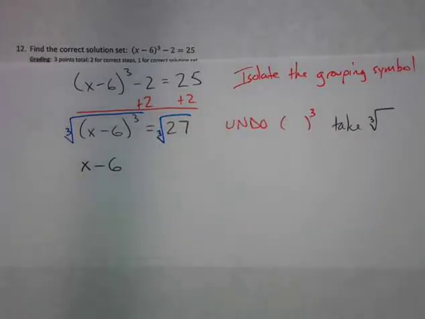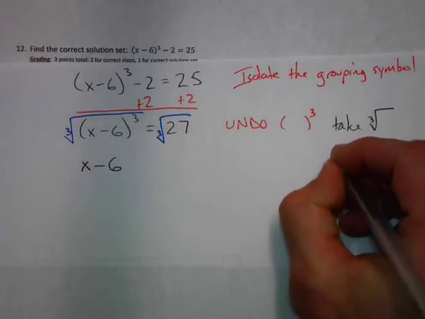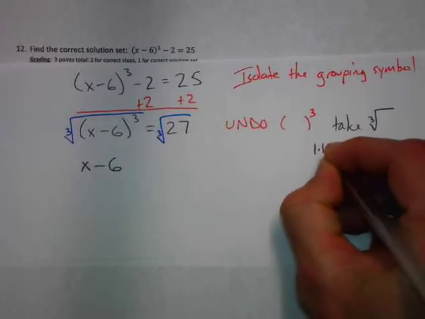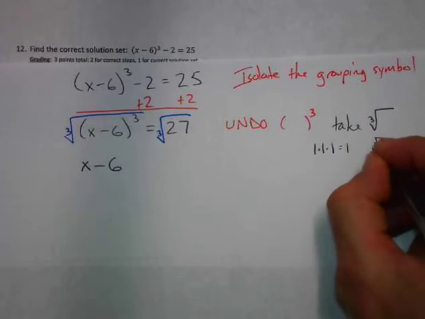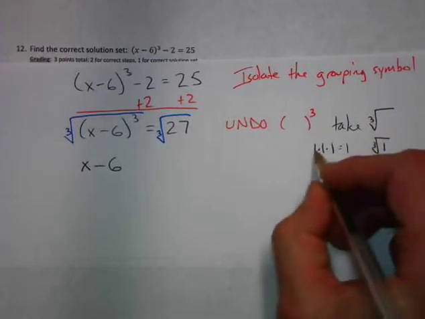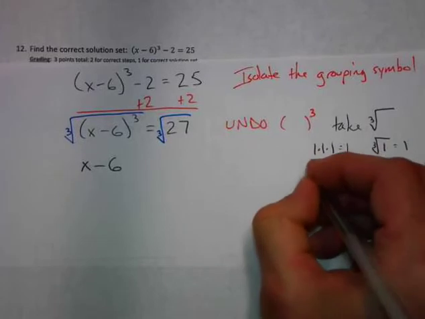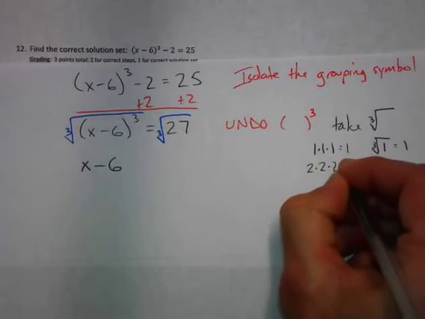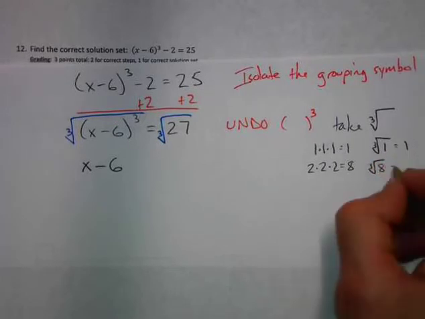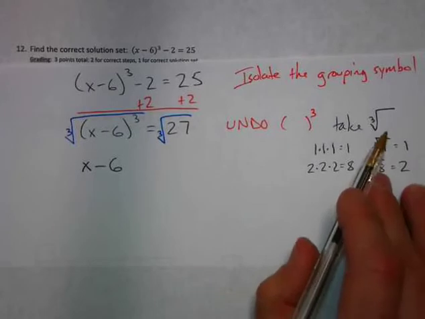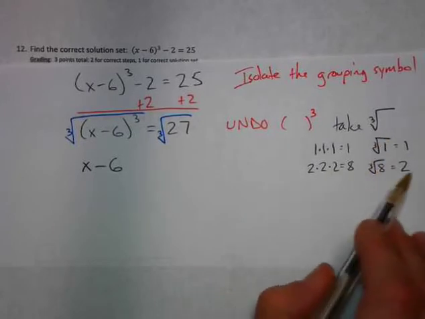So now we have to deal with, well, what is the cubed root of 27? Let's remember what the cubed root means. If 1 times 1 times 1 is equal to 1, then the cubed root of 1 is 1. If 2 times 2 times 2 is equal to 8, then the cubed root of 8 is 2, because the cubed root is asking what times itself 3 times gives me that number.